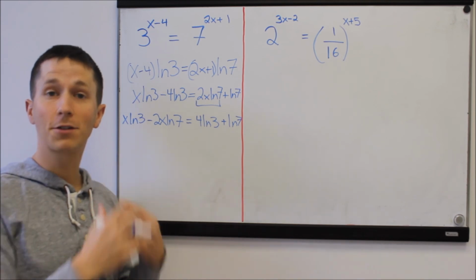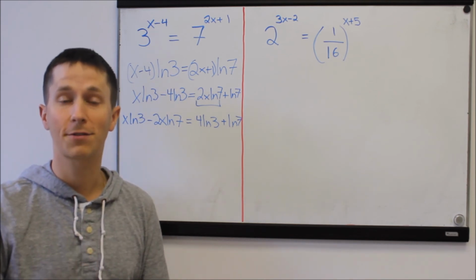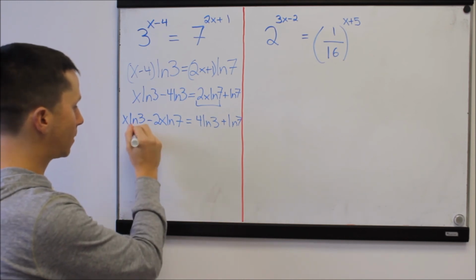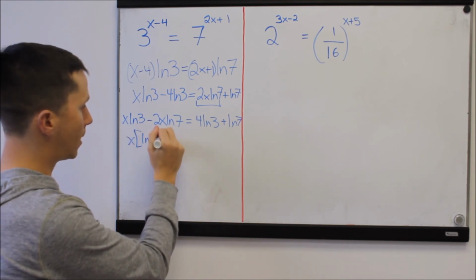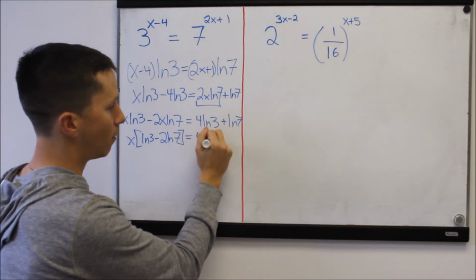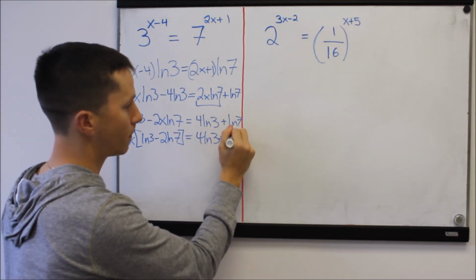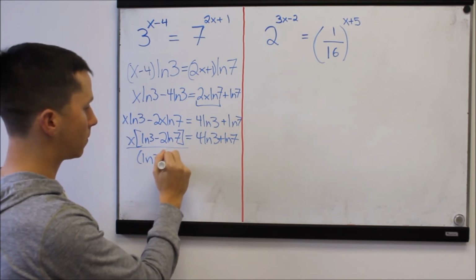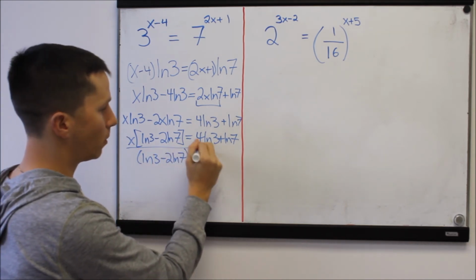That way I can factor out my x, divide by whatever's left over, punch the rest in the calculator, and you're done. x, I'll be left with ln 3 minus 2 ln 7 equals, the right side remains unchanged. And I'm just going to divide by this bracket on both sides.